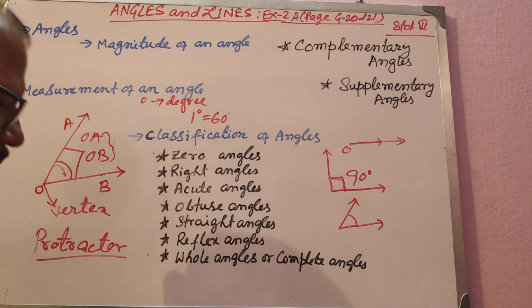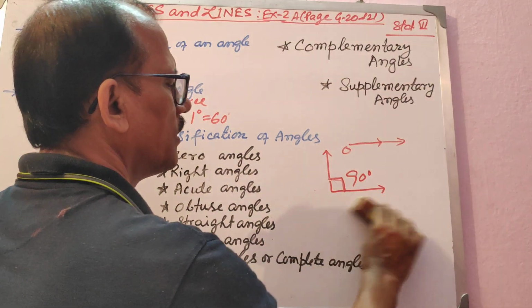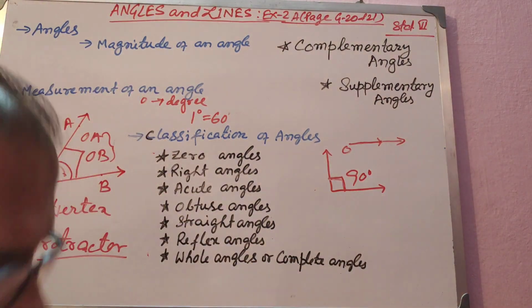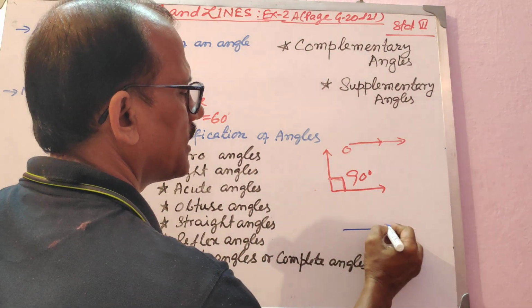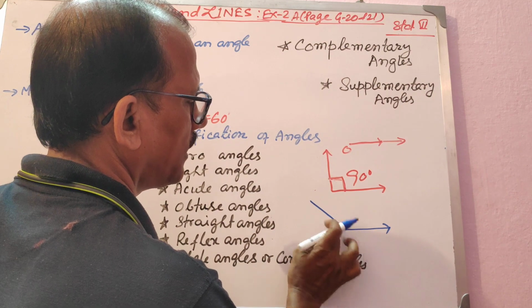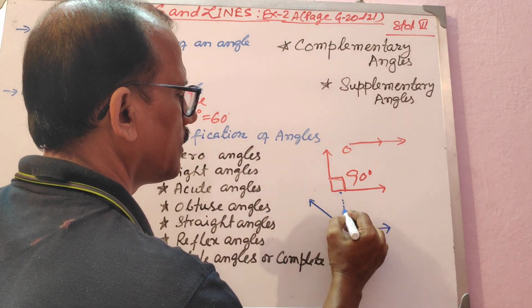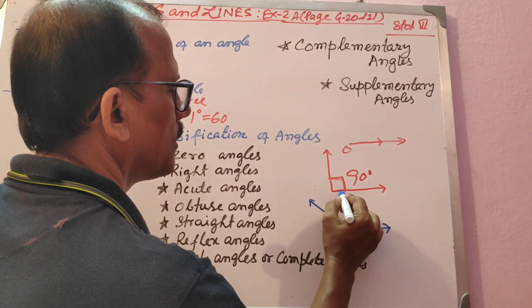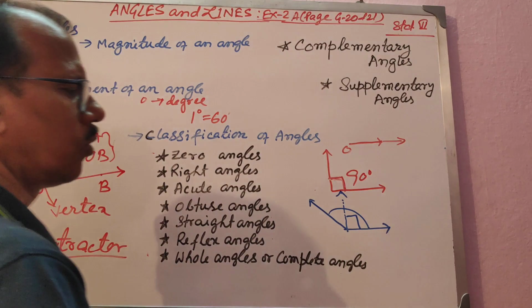So now moving on to the next category, the obtuse angle. Now the opening became more than 90 degrees. See, one ray is there, then another ray is meeting at this point. Here it was 90 degrees, but this opening is more than 90 degrees.